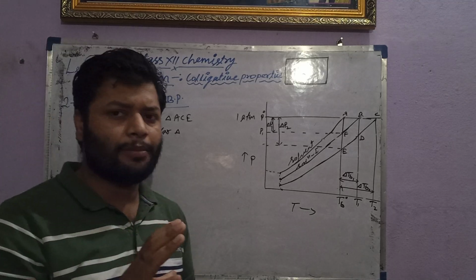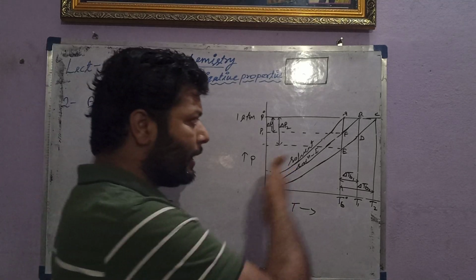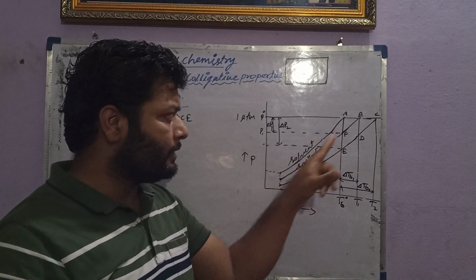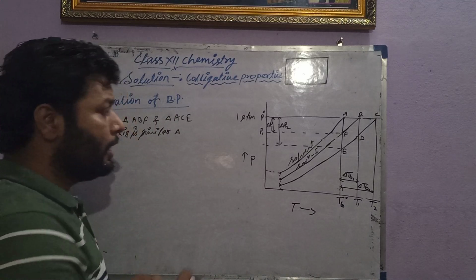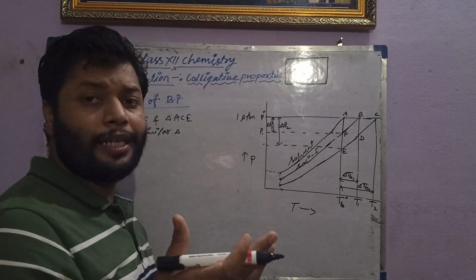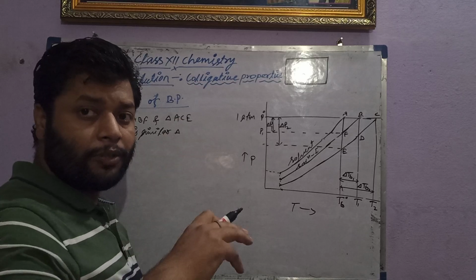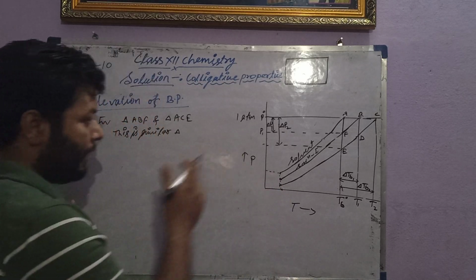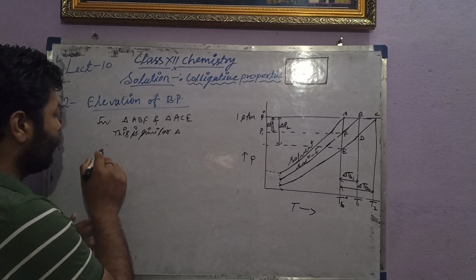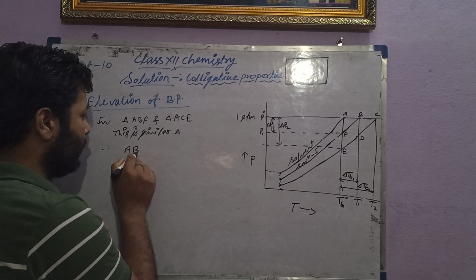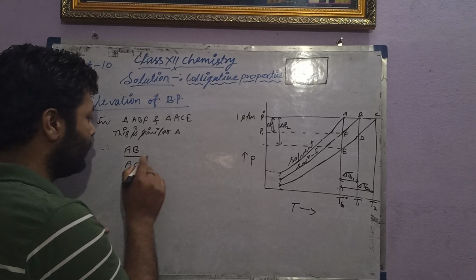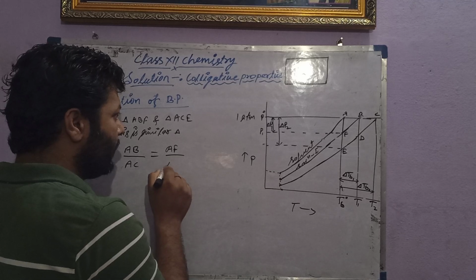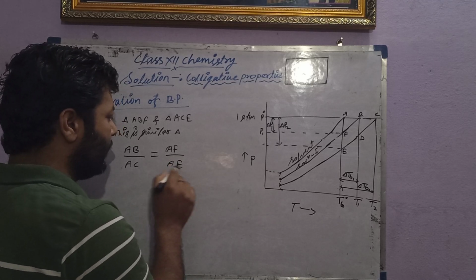I am not proving the similarity, but you have to assume that if these lines are straight, the triangles ABF and ACE are similar, and we know that when triangles are similar, the ratio of respective sides is equal. For example, AB upon AC must be equal to AF upon AE.